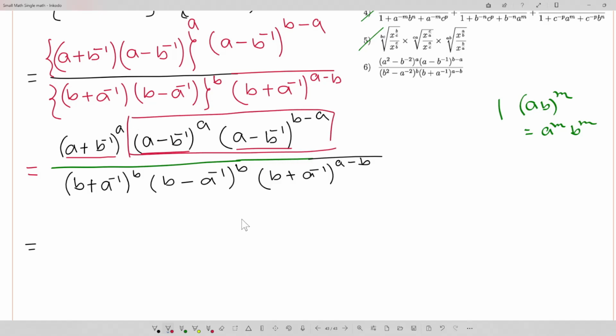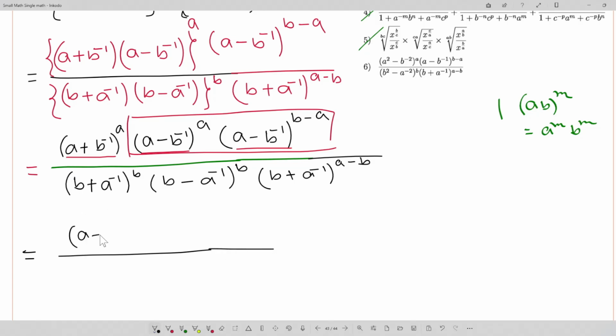Right? So in this case, we can write here (a + b⁻¹)^a, and here (a − b⁻¹) to the power a plus b minus a.